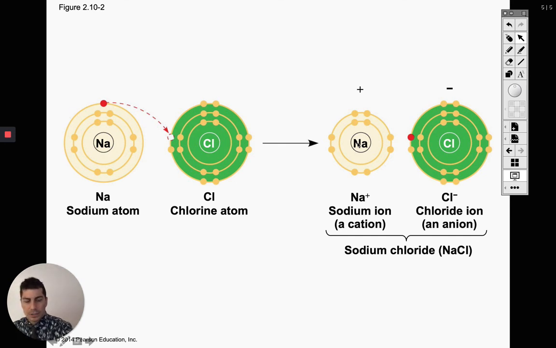Okay. The sodium lost an electron, and an electron is negative. So sodium got rid of a negative charge, and you guys can see that's why they have the positive up here. So because it got rid of the negative charge, that leaves it positive. Chlorine gained a negative charge, and that's why it's negative.